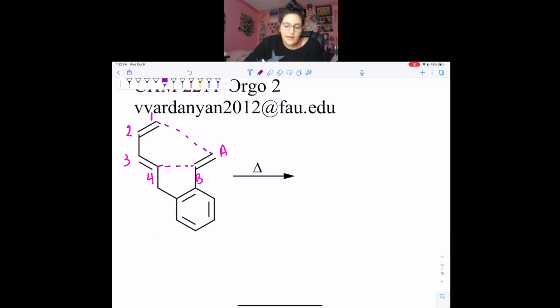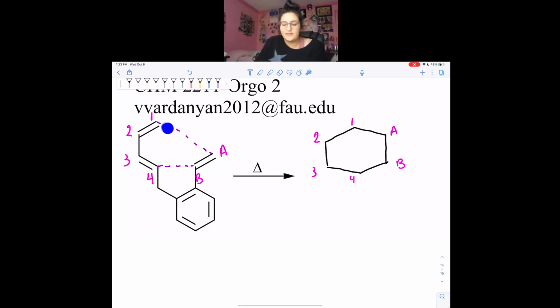So when I draw out the product, I'm going to start out with the cyclohexane that I just formed, because in Diels-Alder, we're always forming a cyclohexane. And this is between carbons 1, 2, 3, 4, and A and B. So I essentially just filled in these dotted lines and turned it ever so slightly.